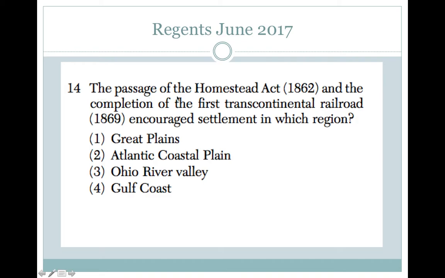The passage of the Homestead Act and the completion of the first transcontinental railroad encouraged settlement in which region? Okay, in which region? So we got 1862, 1869. You know that the Civil War is around that time, and this transcontinental. So this is a railroad that's going from the East Coast to West Coast across the whole continent.